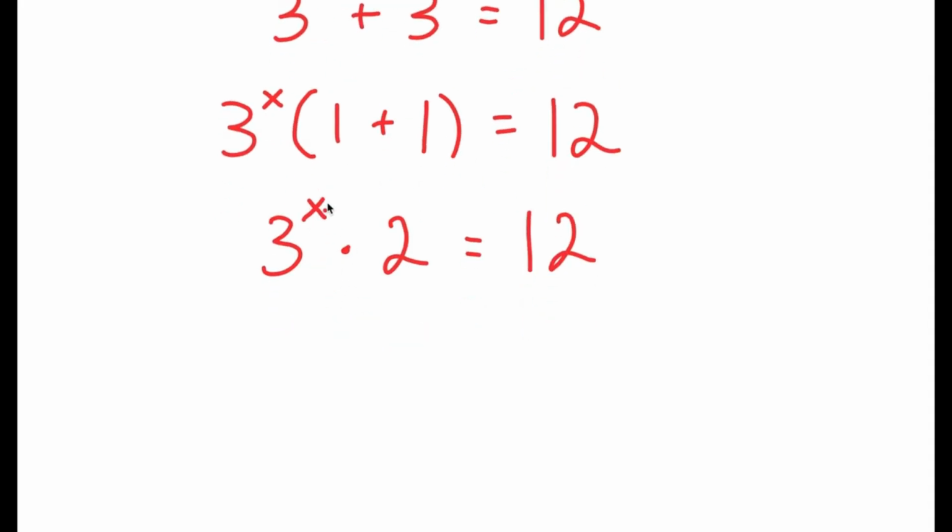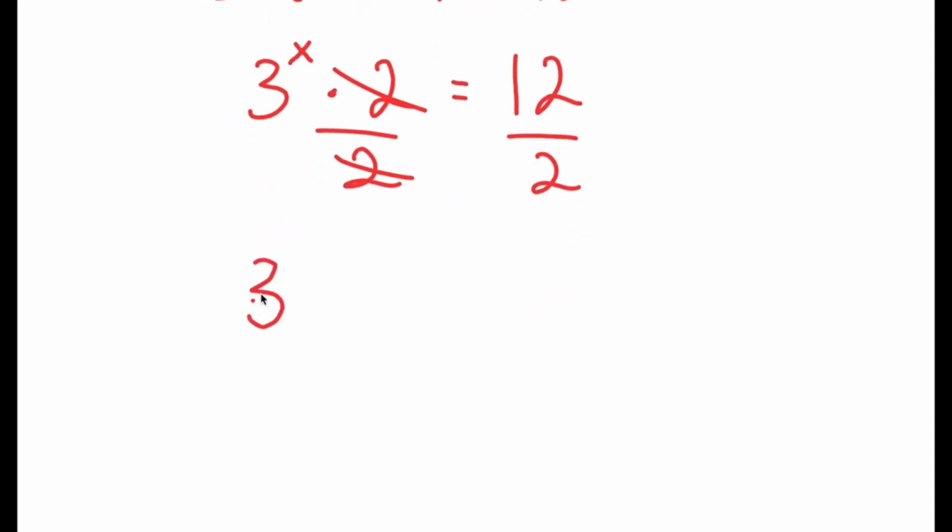So from here, we want to isolate x. And to do that, we have to get rid of this times 2 by dividing both sides by 2. So now these two cancel out, and I'm left with 3 to the power of x is equal to 12 divided by 2, which is 6.